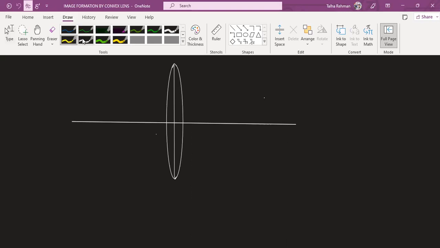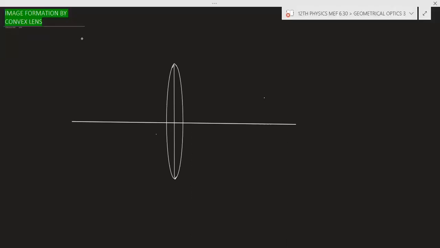This point is the optical center O, and here is F1, the first focus, and here is the second focus, F2, of this lens. The distance between O and F1 is the focal length, and the distance between O and F2 is also the focal length.